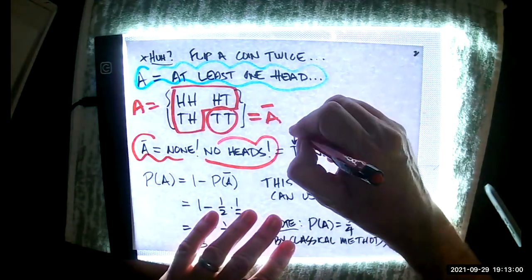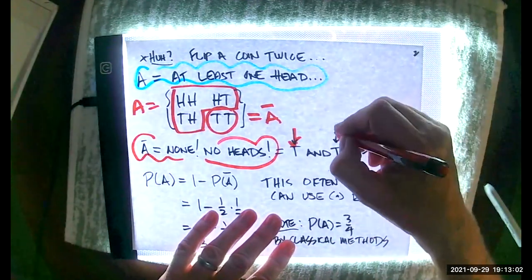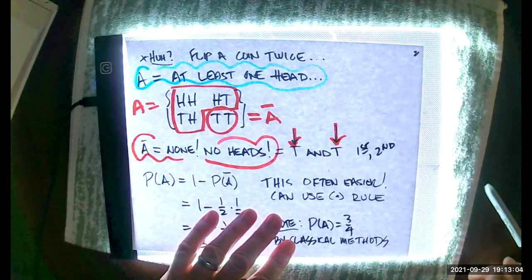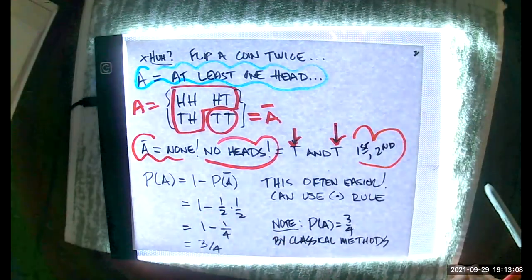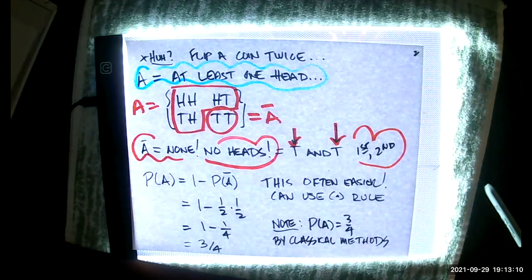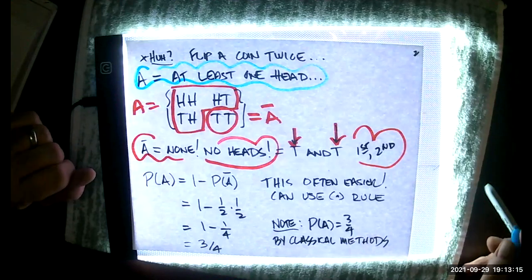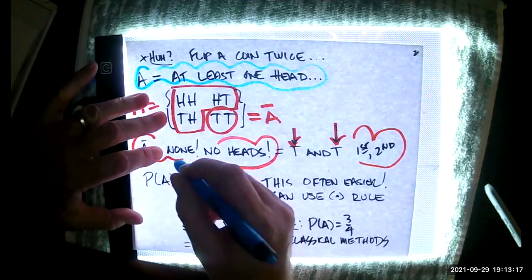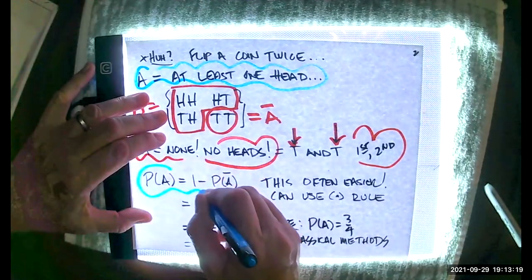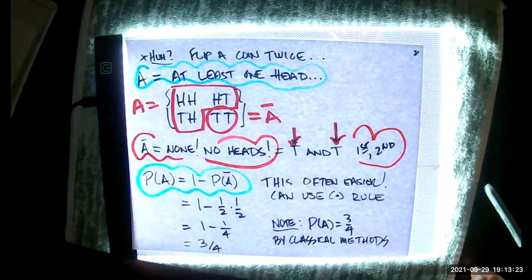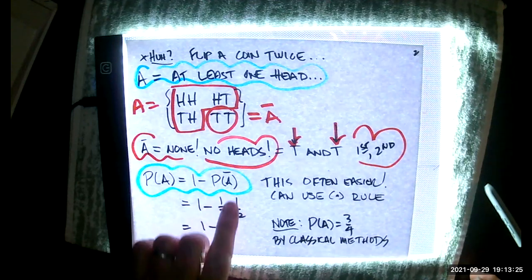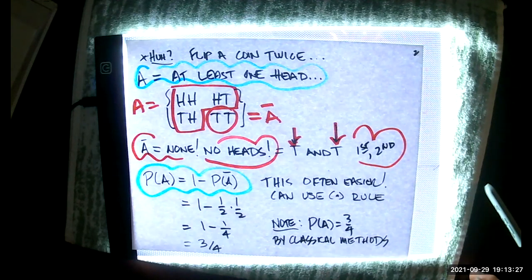That means the first flip came up with a tail. The second flip also came up with a tail. Now, I will remind you about the relationship we developed for complementary events in our first section. The probability of an event A is equal to 1 minus the probability of the complement, A bar.